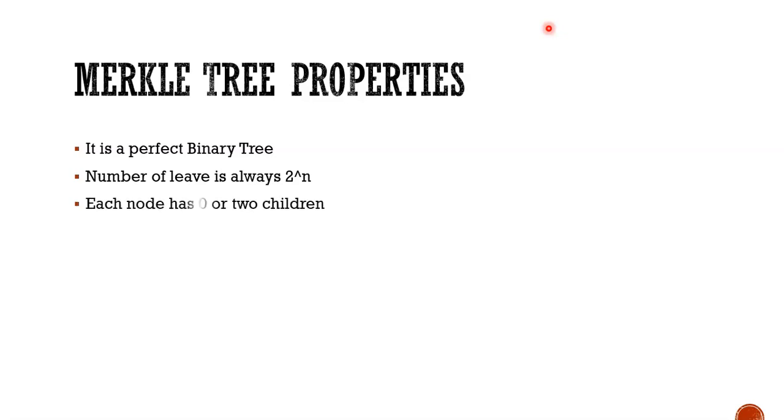Okay, so coming to the Merkle tree properties. It is a perfect binary tree, and the number of leaves will always be 2 power n. That is, even if 1 or 2 leaves are missing, the same data will be replicated to the nearby leaf. And each node will either have 0 or 2 children.